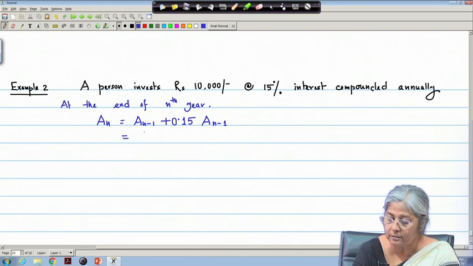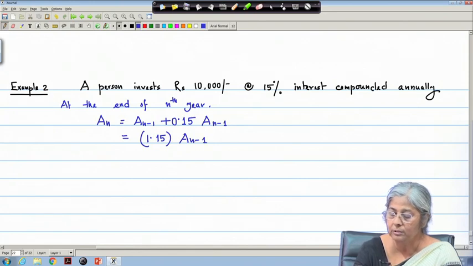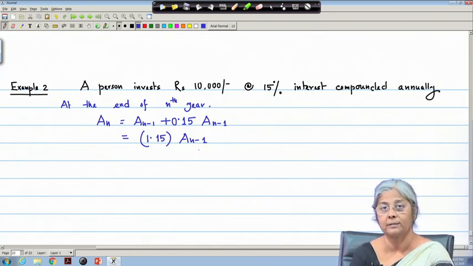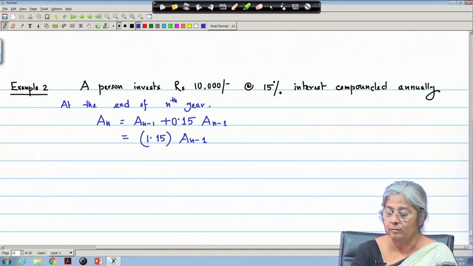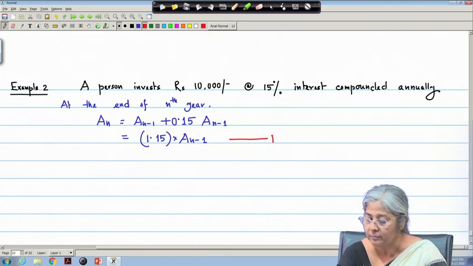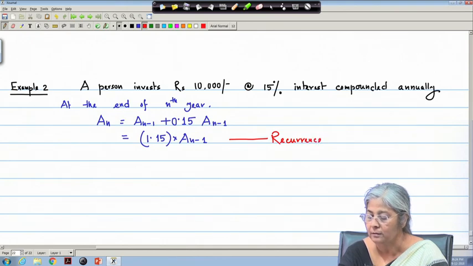So, I can write this as 1.15 into An minus 1. Here An relates to only one predecessor, An minus 1. So, this is a recurrence relation.